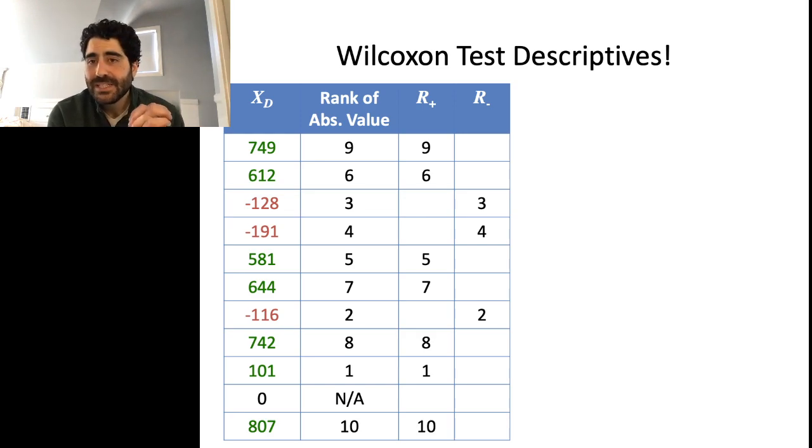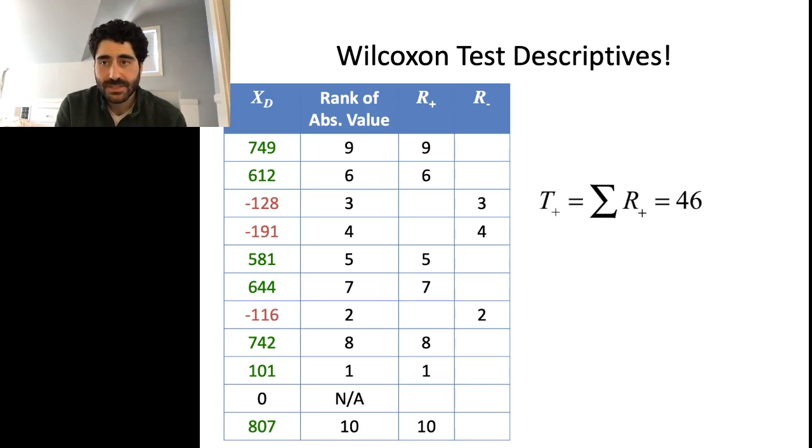And so we compute the ranks across both positives and negatives using their absolute values. But now to compute our actual statistic here, we're going to divide them up. So the observed statistic for this data set is the sum of these ranks of the positive changes, which is 46, right? That's just 9 plus 6 plus 5, 7, 8, 1, 10.